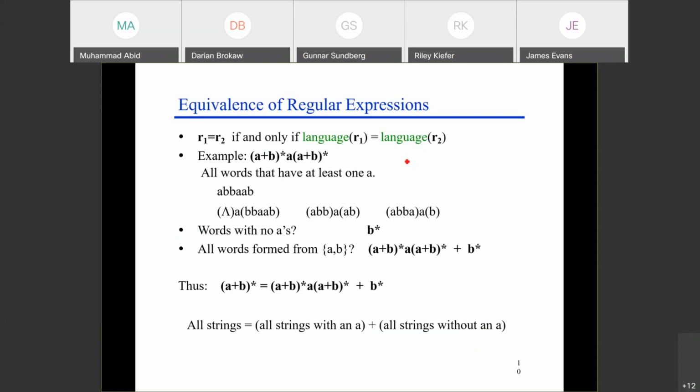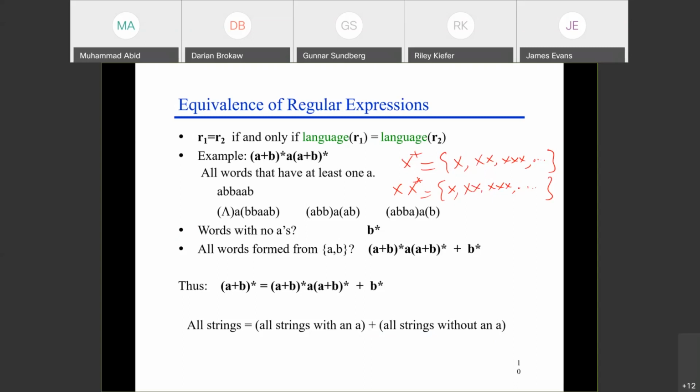We have one regular expression, x plus. Its language will be one x, two x's, three x's, and so on. We have another regular expression, x and x star. It represents one x, then two x's, and three x's, and so on.